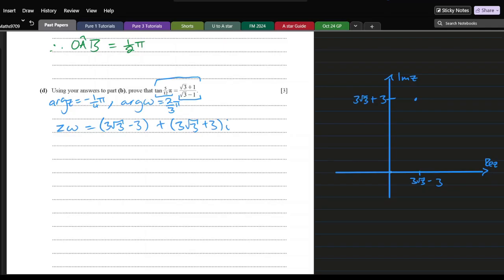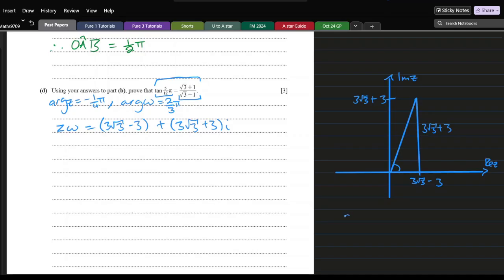And let's draw a line from the origin to our complex number. Alright, and now we want to find the argument of our complex number, z omega. So this length going upwards, that is 3 root 3 plus 3, and then we know that this distance going across is 3 root 3 minus 3, and this is our argument, and that's the argument of z omega.